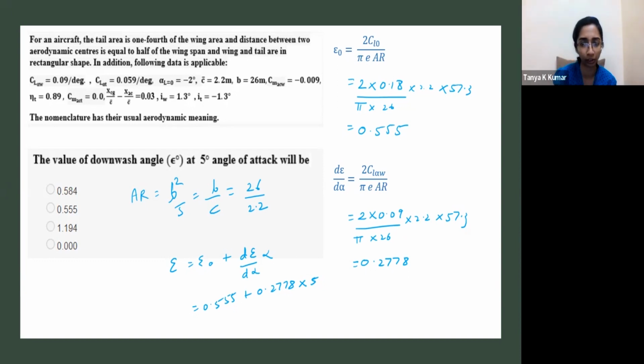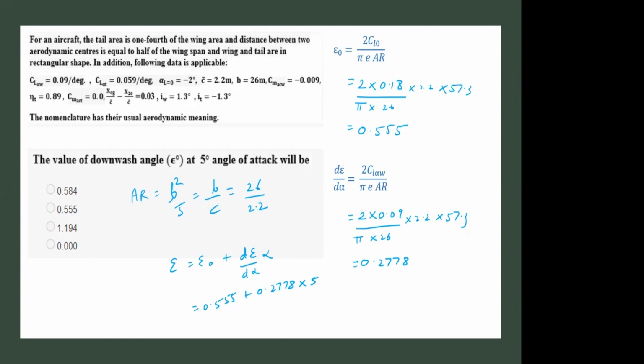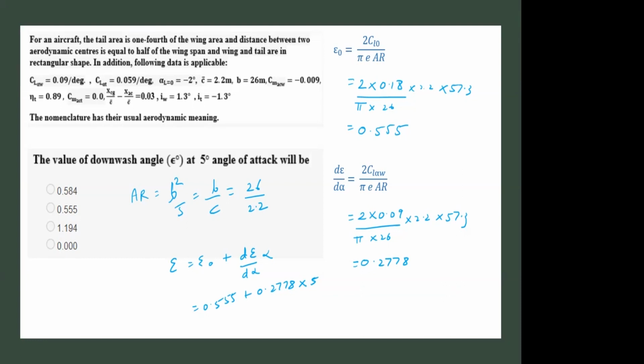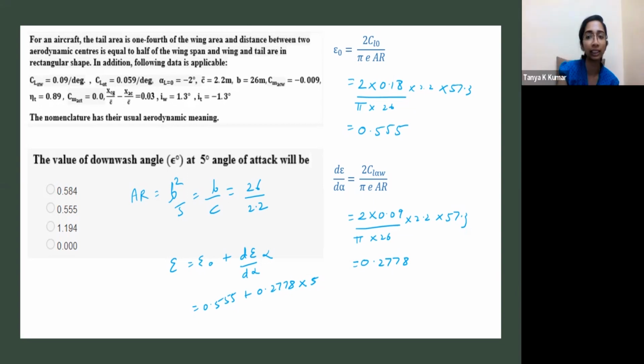It seems that you have multiplied there by 57.3. Usually we take CL alpha of the wing in per radian, but the value is given in per degree. So for all these equations, we take it in radians.